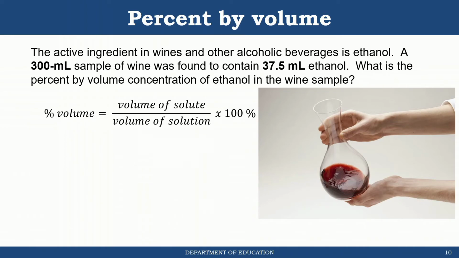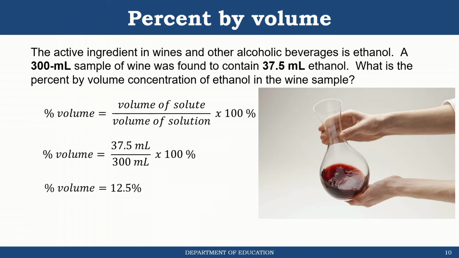Let's substitute the volume of solute to 37.5 ml and the volume of solution to 300 ml times 100%. 37.5 divided by 300 times 100% is equal to 12.5%. This means that it contains 12.5% ethanol in the sample.